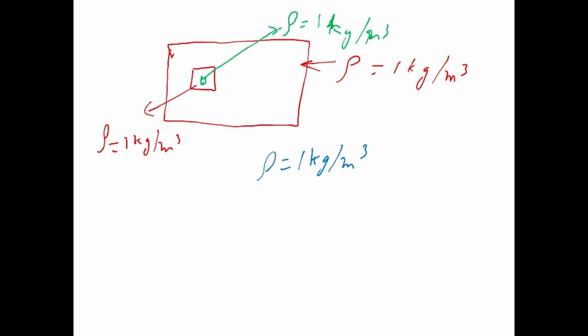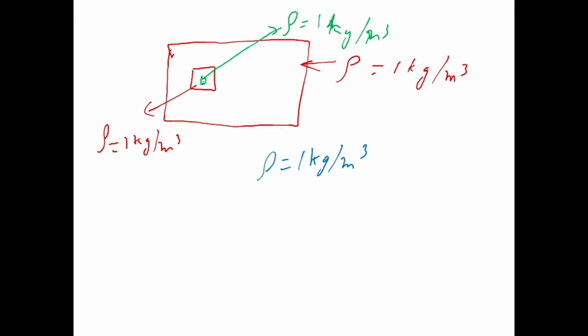But the question is, if I keep on reducing this volume of the material that I'm looking at forever, will my density always be 1 kilogram per meter cube? The first thing that will come to you as students would be, yes, it is. And the fact that you're saying that regardless of what volume you use, it will be 1 kilogram per meter cube, is something coming from a continuum assumption.